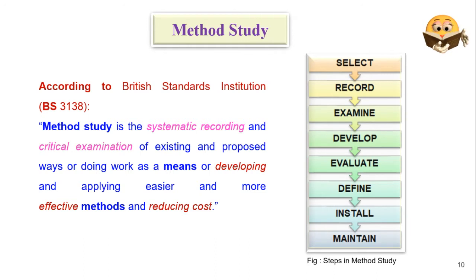Then the most efficient, practical and economic method will be developed. Then we evaluate, meaning the existing one and the new one we evaluate, define the new method, install the method as per standard practice, and then this standard practice will be set as a benchmark and continuously maintained. So these are the steps involved in method study.